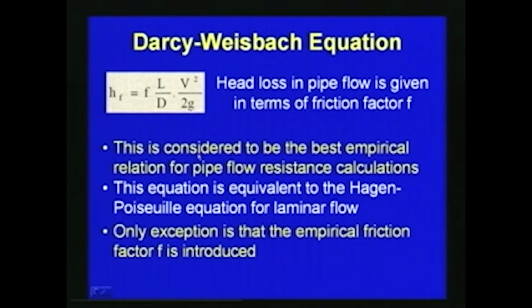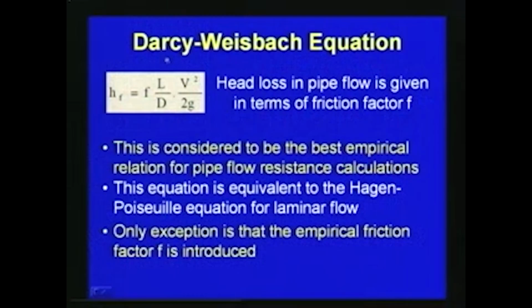So, F depends upon various parameters like the material of the pipe, the flow conditions, and various other parameters. So, by considering the Darcy-Weisbach equation, we have to see the friction coefficient or friction factor as far as the considered pipe flow.